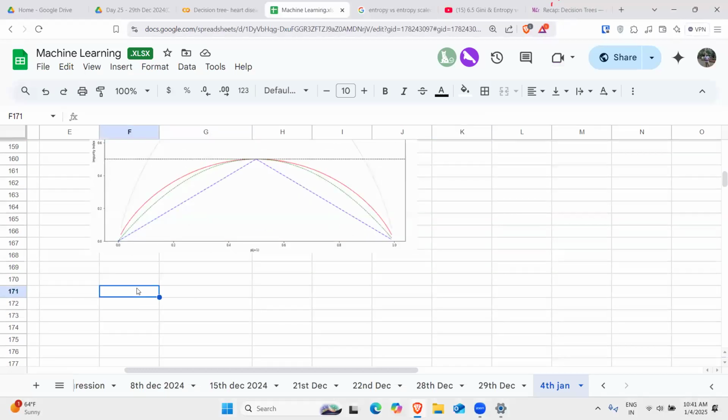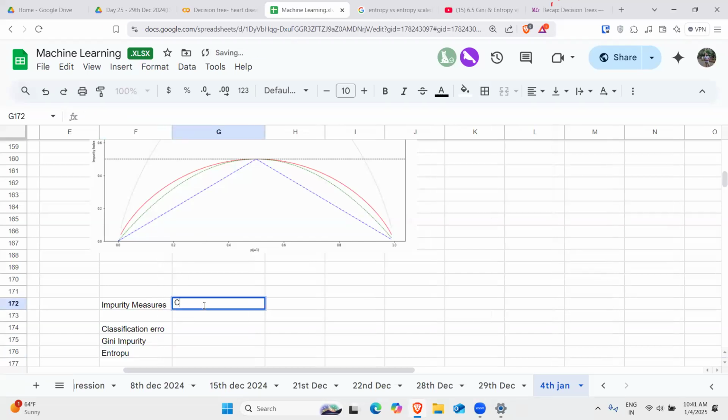To just summarize this in a nutshell, from the above example, you understood how to calculate impurity measures and how they change with different class distributions. You have classification error, you have Gini impurity, and you have entropy.